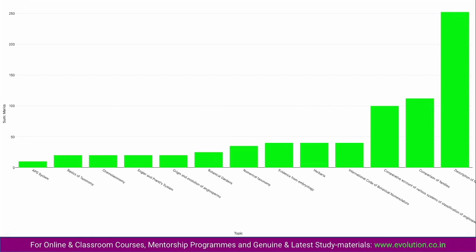The highest is 250, and on the x-axis there are topics. The highest, 250 marks, has been assigned to description of angiosperm families, and then 110 marks have been assigned to comparison of families.